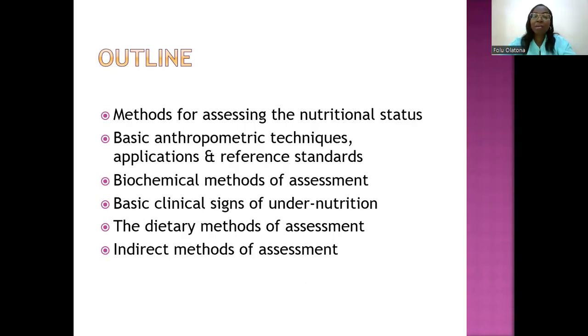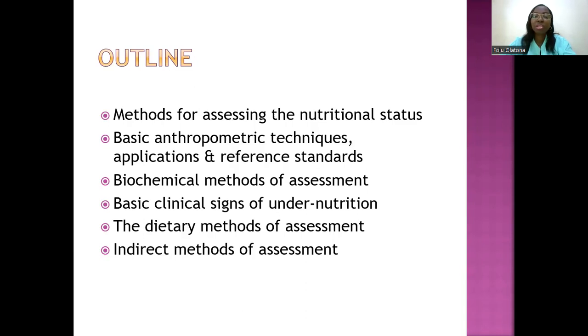So if we're talking about a pregnant woman, what's special? That person is likely to be weighing more than the initial states before pregnancy. So you need to take into consideration the fact that the person is pregnant when you are assessing the nutritional status. In terms of anthropometric measures, that person cannot be compared to an ordinary woman who is not pregnant.